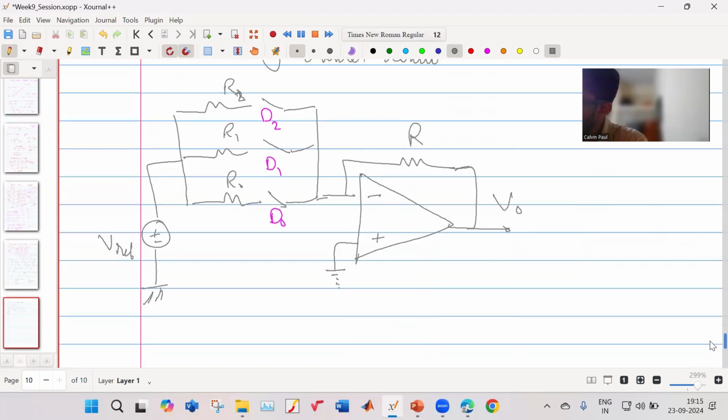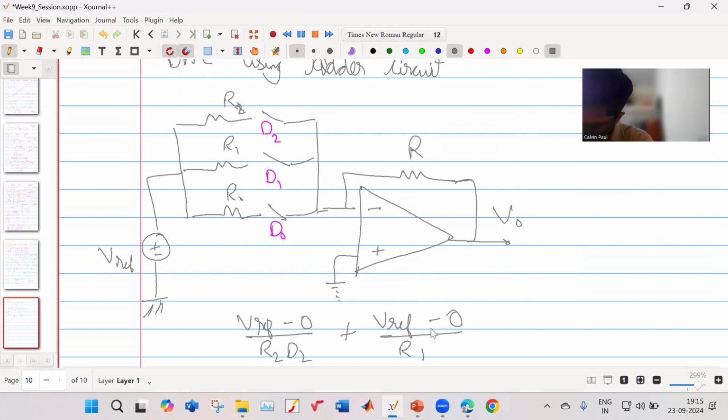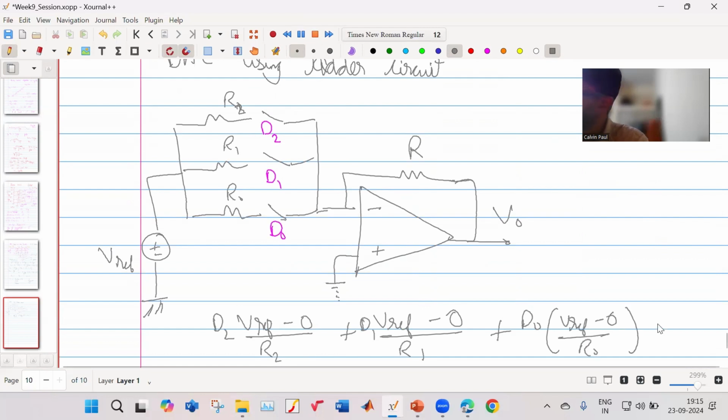We have Vref minus 0 upon R2 into D2 plus Vref minus 0 upon R1 into D1 plus D0 into Vref minus 0 upon R0. This is your current I, right? Is equal to I.